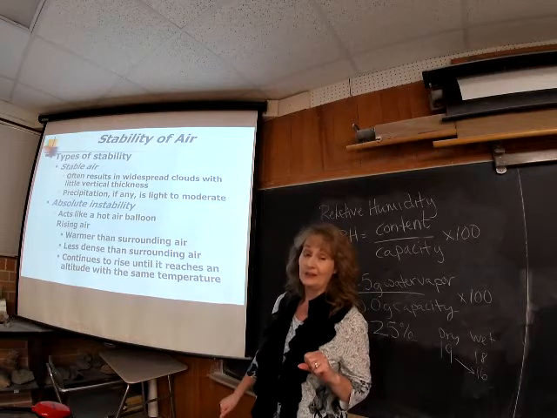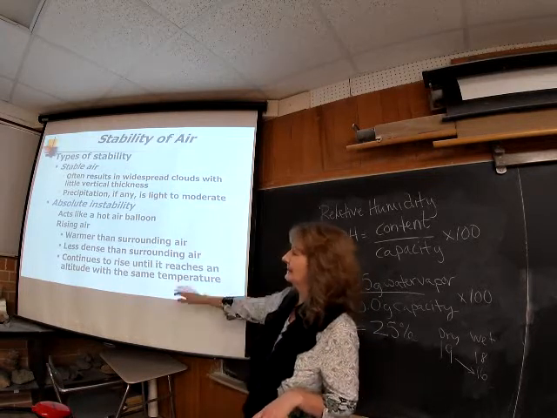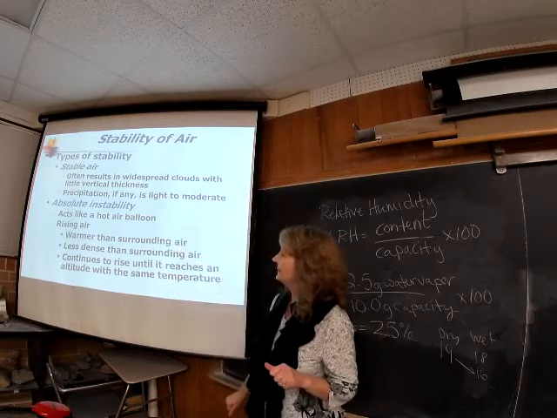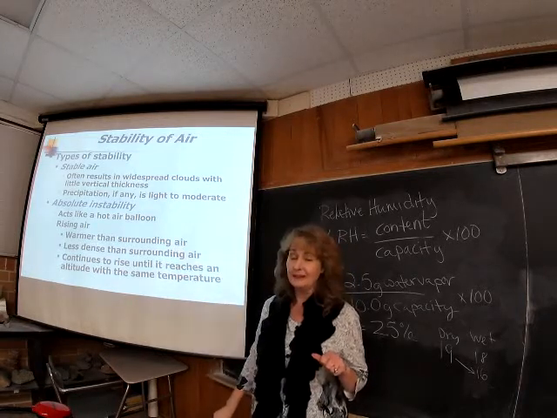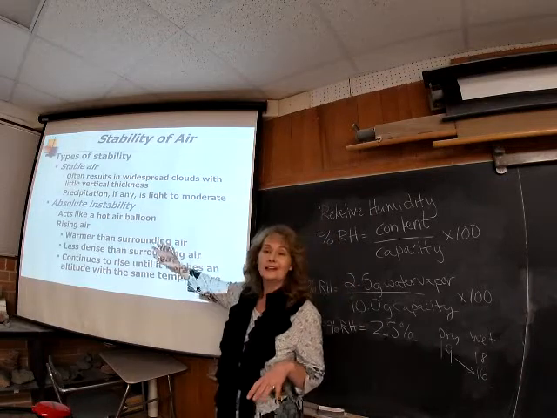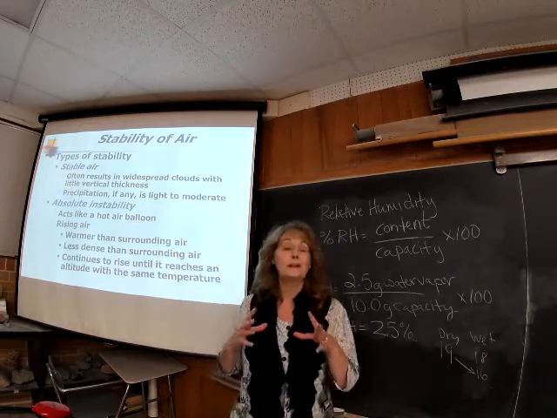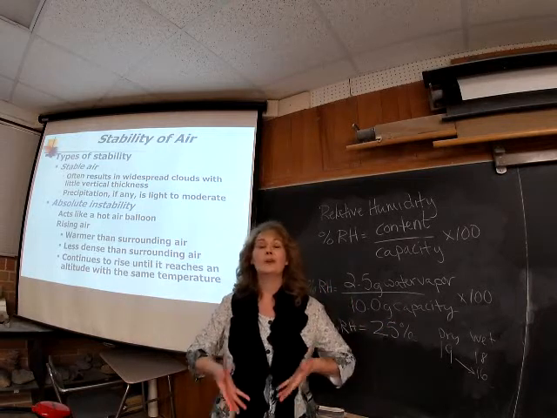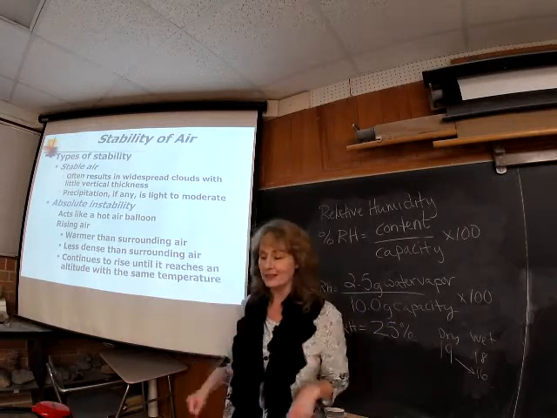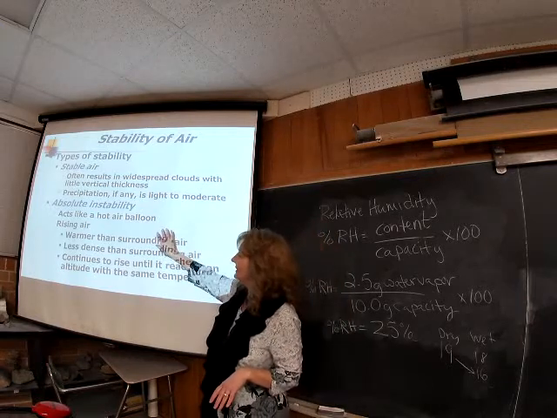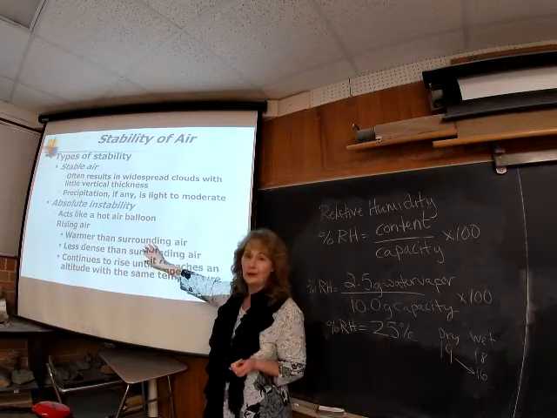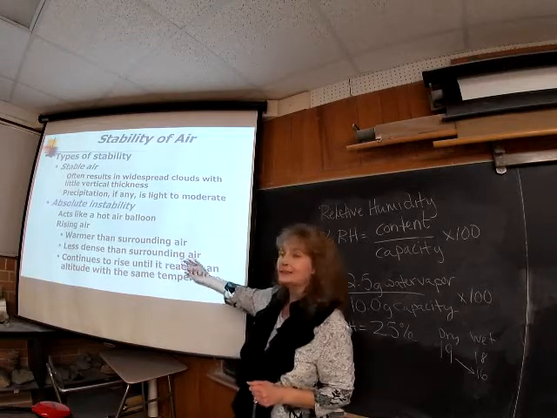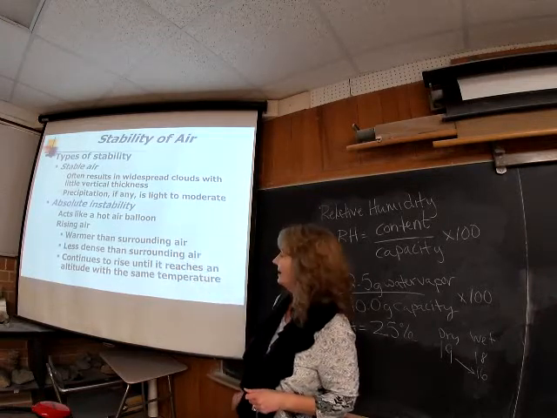Now, on the other hand, if you have an unstable air mass, something we call absolute instability, it's completely unstable. It acts like a hot air balloon. It's always going to be warmer than the surrounding air, and it's just going to want to rise in the atmosphere, right? It's less dense than the surrounding air.